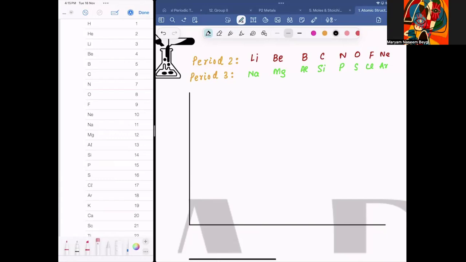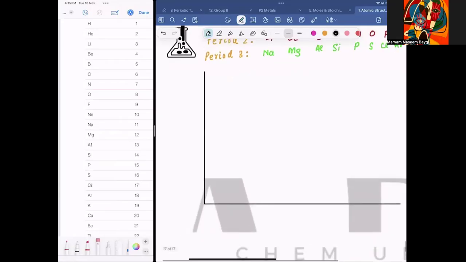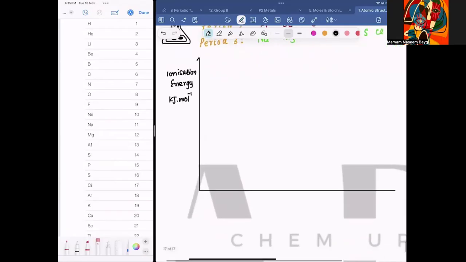Now we are going to observe specifically and very closely from one element to another element in the periodic table. So on the y-axis, I'm going to put ionization energy in kilojoule per mole. And on the x-axis, I'm going to put elements.